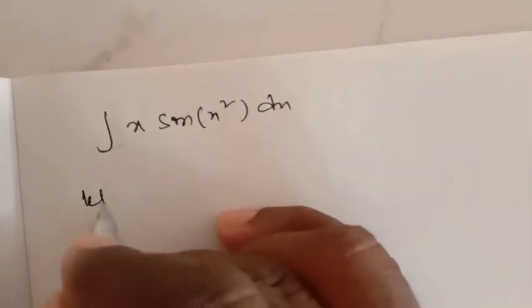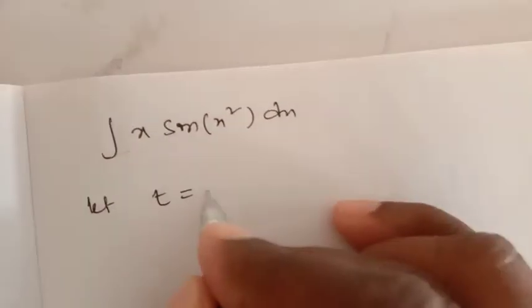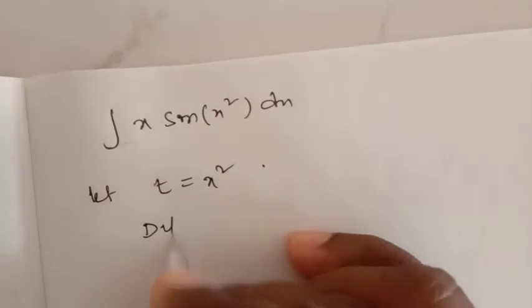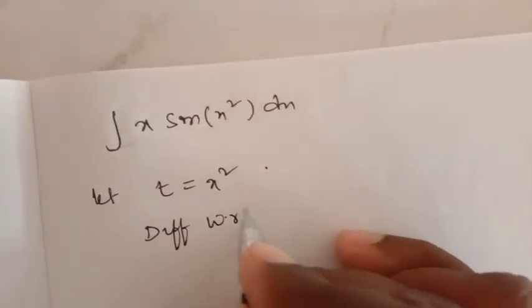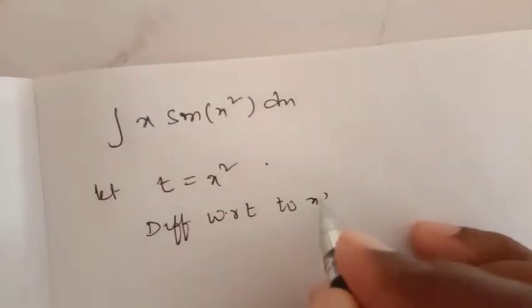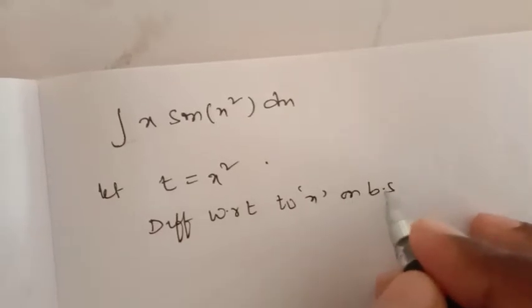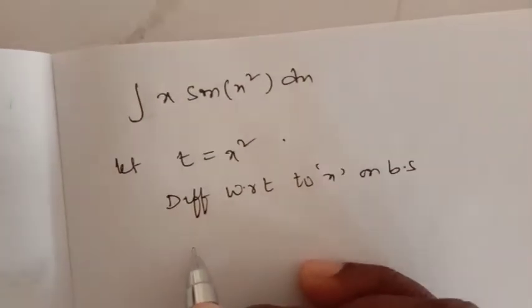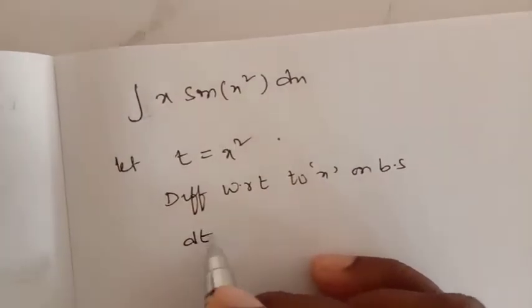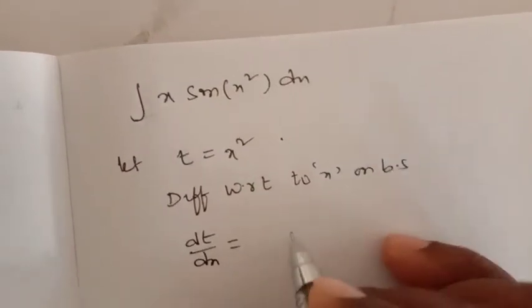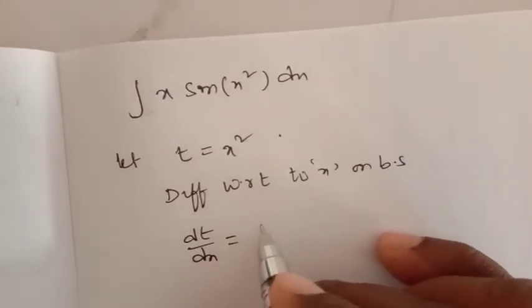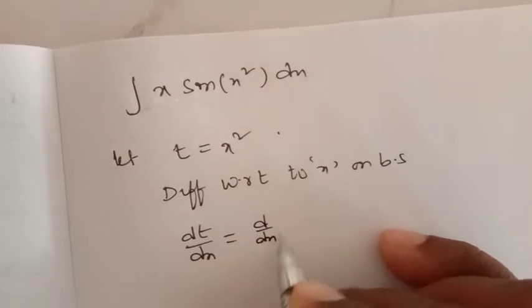Let t equal to x square, then differentiating with respect to x on both sides, we have dt by dx equal to d by dx of x square.